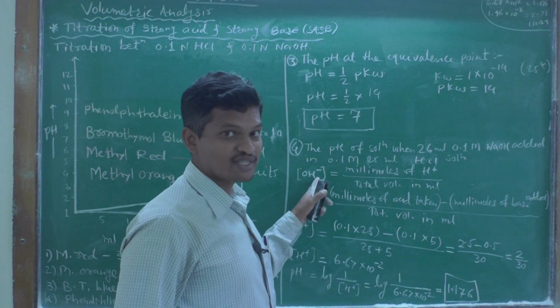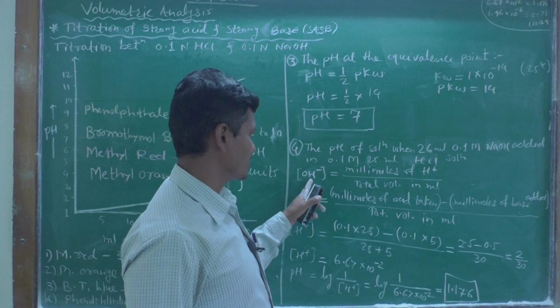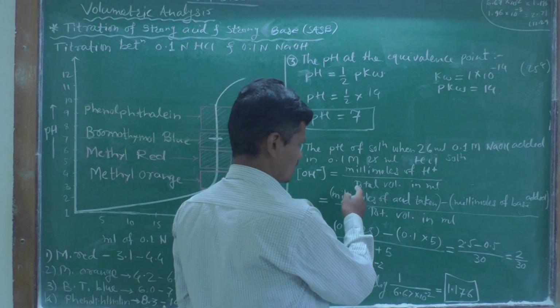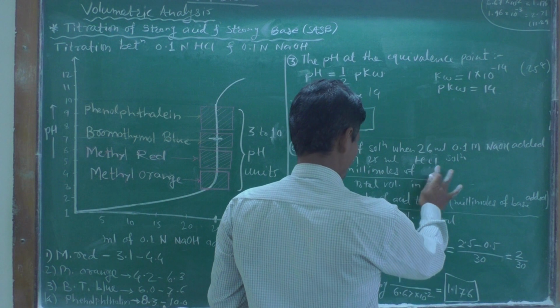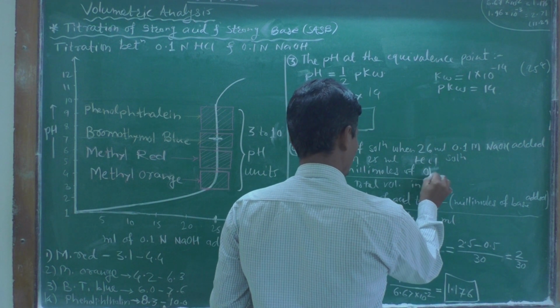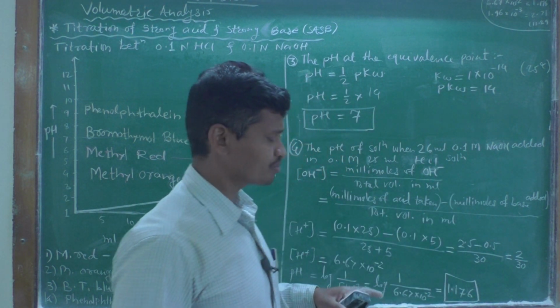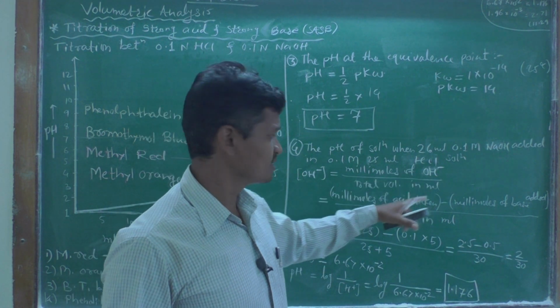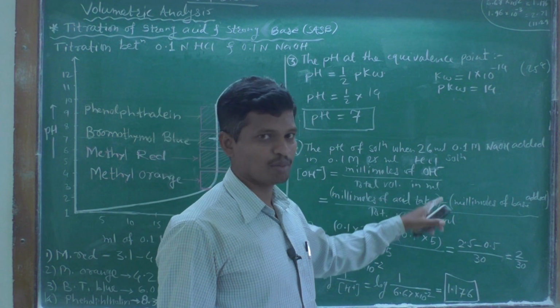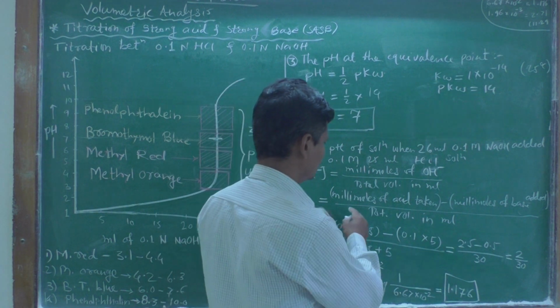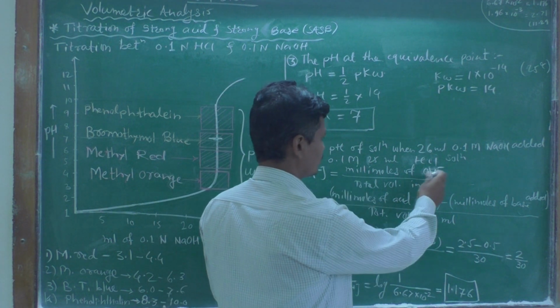Concentration of OH minus ions. Why? I already explained this. How will you calculate it? Millimoles of OH minus divided by total volume in ml. Then how will you calculate this?